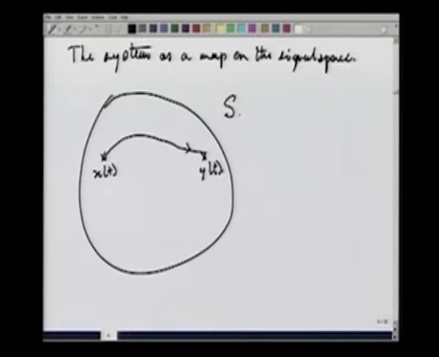Fine. Now suppose you had a different signal x dash t, and this was the corresponding output. Let us say this is y dash t.